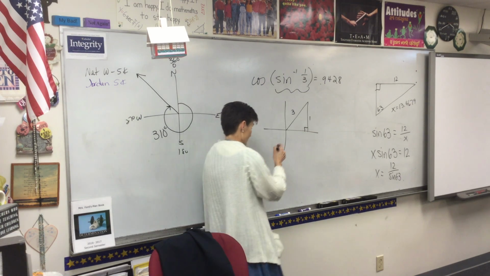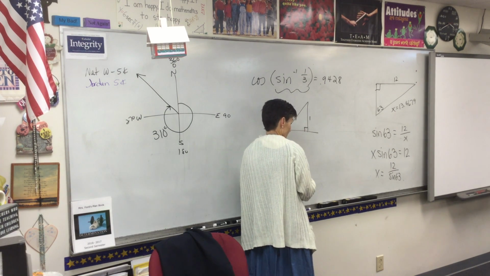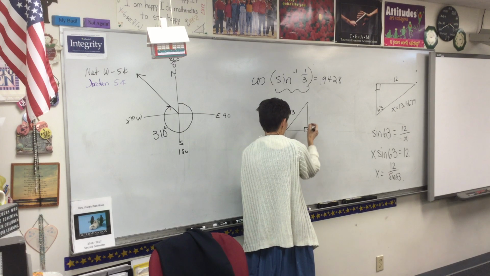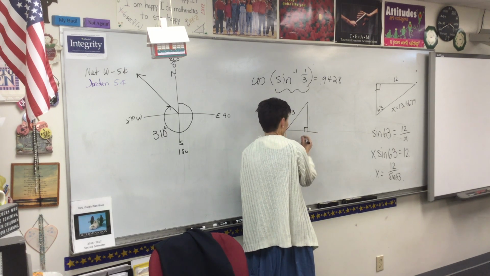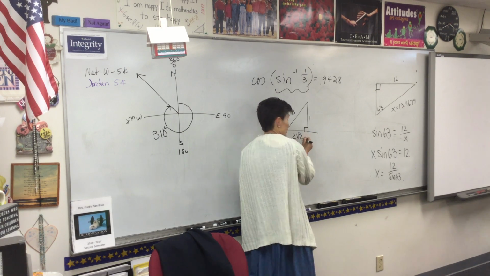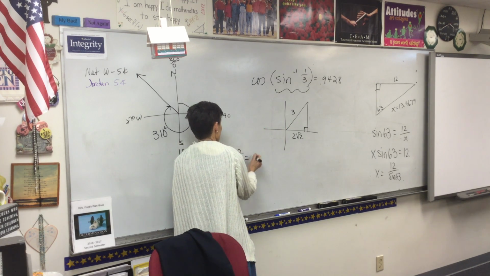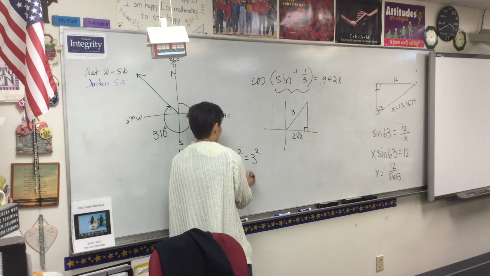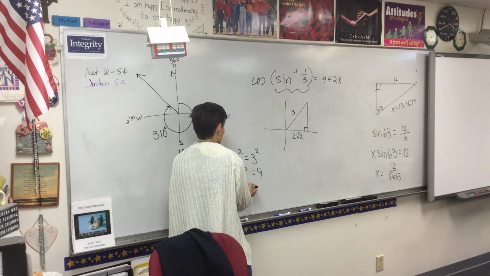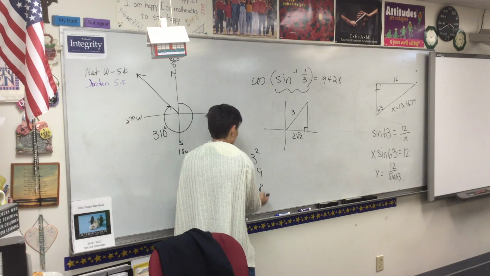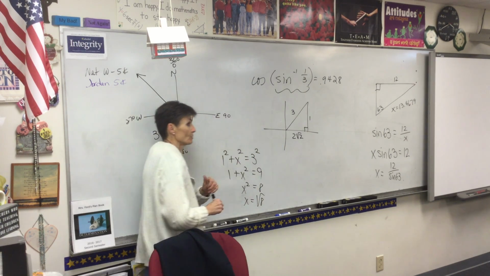So I need to do my Pythagorean theorem. 1 squared plus x squared is 3 squared. Is that a negative 2 or 2? 1 plus x squared equals 9, x squared equals 8, x equals the square root of 8, which is 2√2.